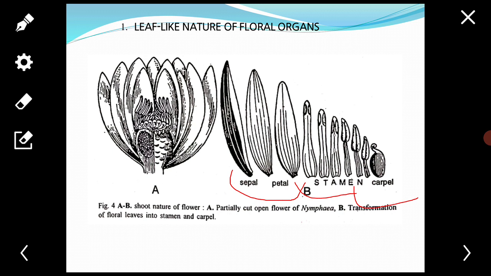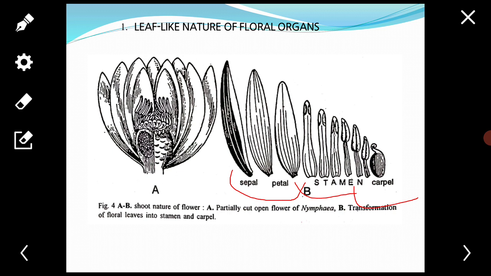In the wild rose, there are only 5 petals, while the cultivated rose consists of numerous petals.